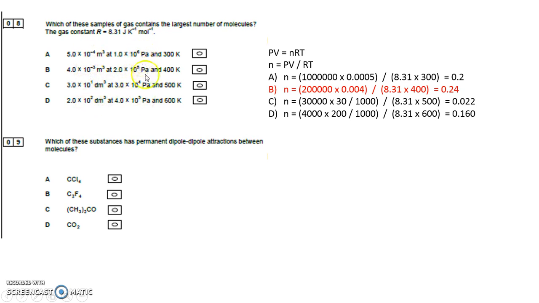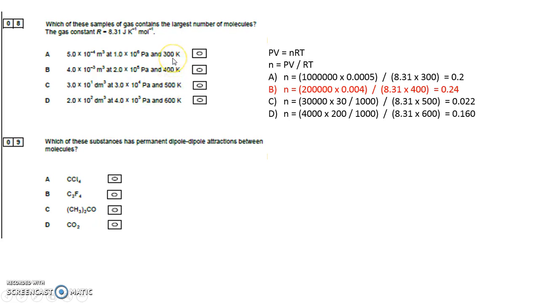Pressure is in pascals, so sometimes it's in kilopascals and you need to multiply by 1000 to turn into pascals, but none of these are in kilopascals, so that's fine. So pascals, the pressure here is fine. Temperature in Kelvin, so sometimes you've got to convert degrees Celsius into Kelvin by adding on 273.